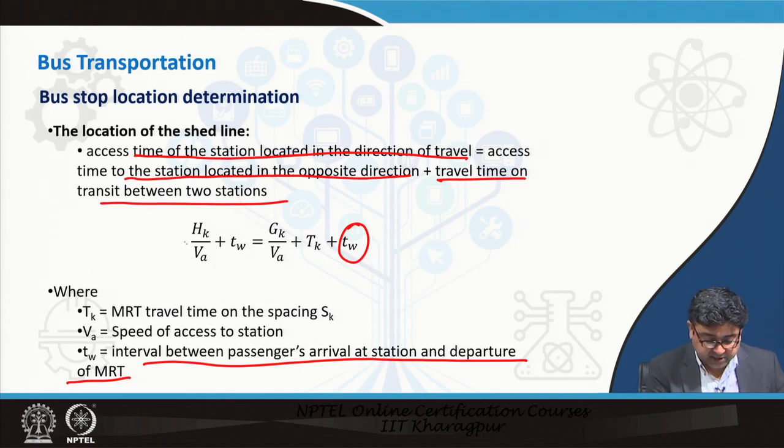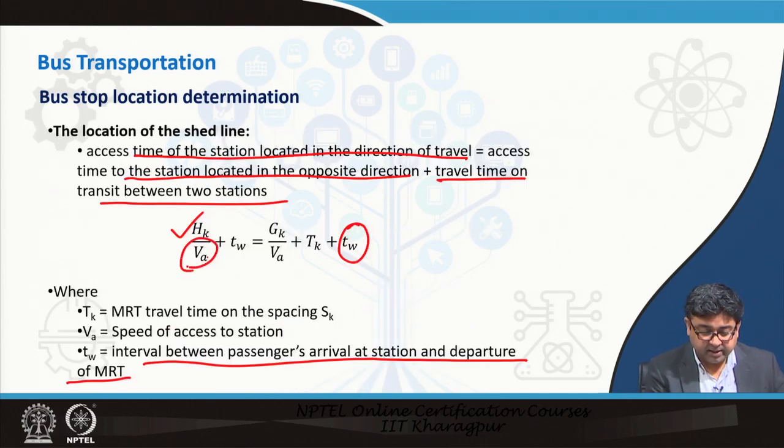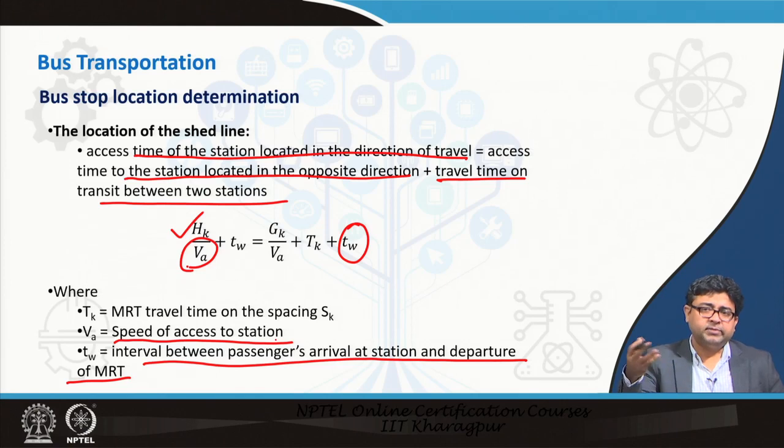So, hk divided by Va, where Va is the access speed to the station. Say you are walking to the station, so your speed will be something. If you are bicycling to the station, your speed will be something else. So, that is called access speed.